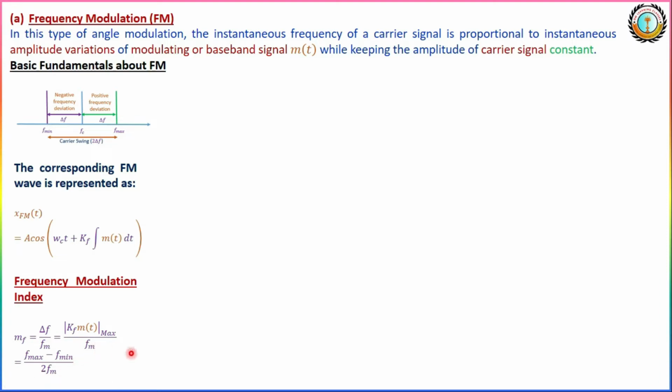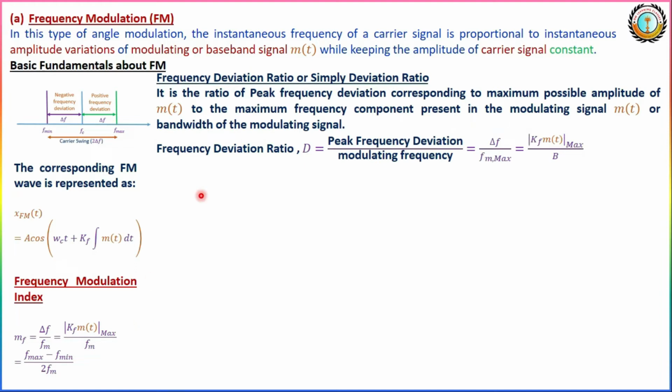While utilizing these basic fundamentals, we have another factor, that is the frequency deviation ratio, or simply the deviation ratio. It is different from the modulation index as it also signifies the bandwidth of the modulating signal.